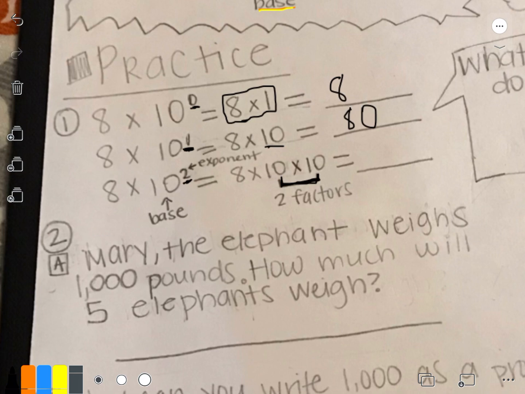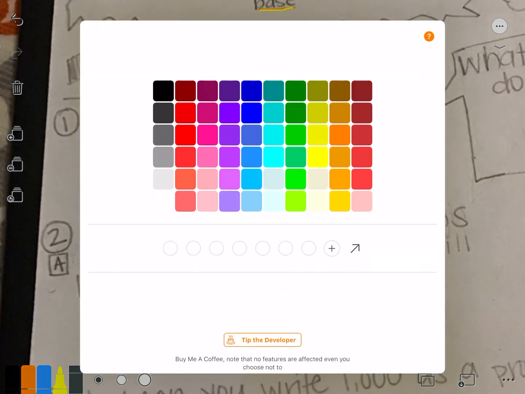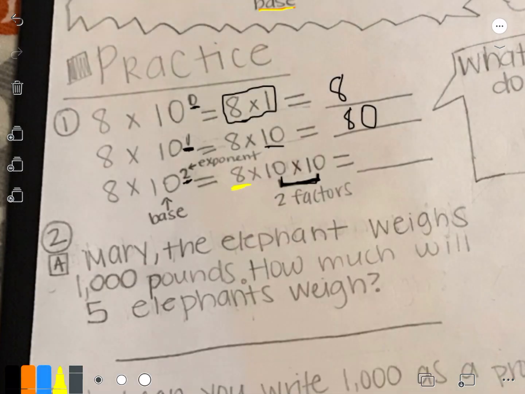Now this one's not as simple as the first two, but if you know the tip and trick, you know that you can take the number 8 and write it here as your answer, and then look at your exponent, and it is 2. So how many zeros should you have in your final answer? If you said 2, you are correct. Now, you see the exponent's 2, you have 2 10s, and then you have 2 zeros.